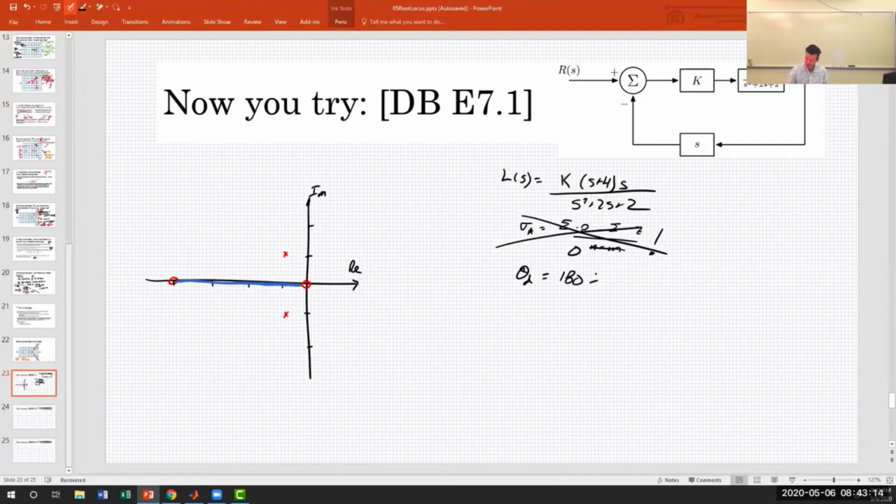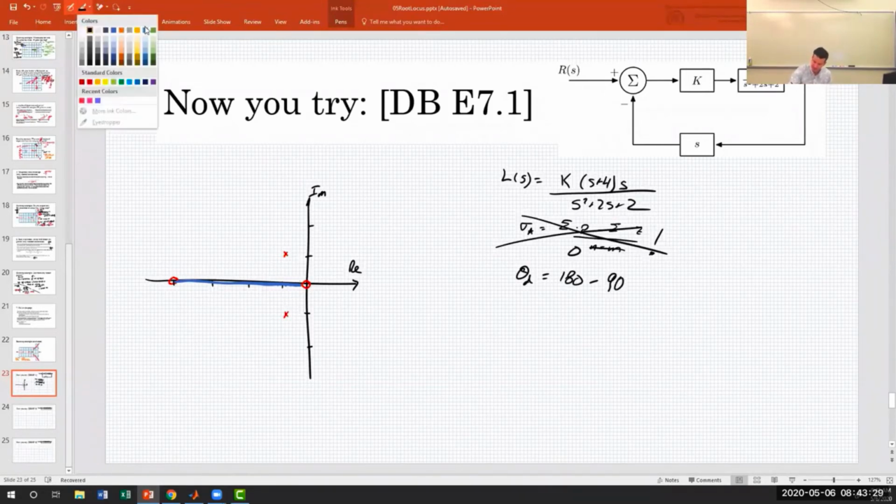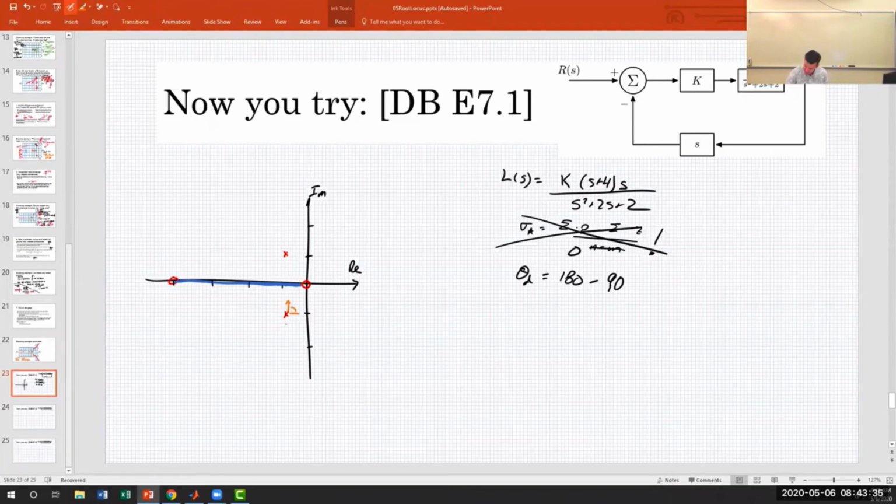So let's cook up the formula here. This is 180 minus the angles of the vectors drawn from the other open loop pole, singular in this case, to the open loop pole we're departing. So let's get some other color in here. So this is a 90-degree angle.